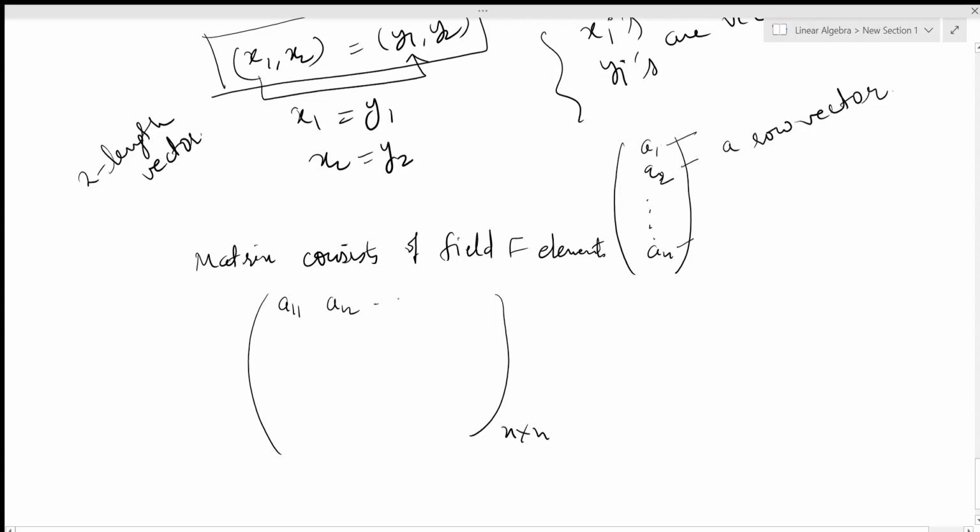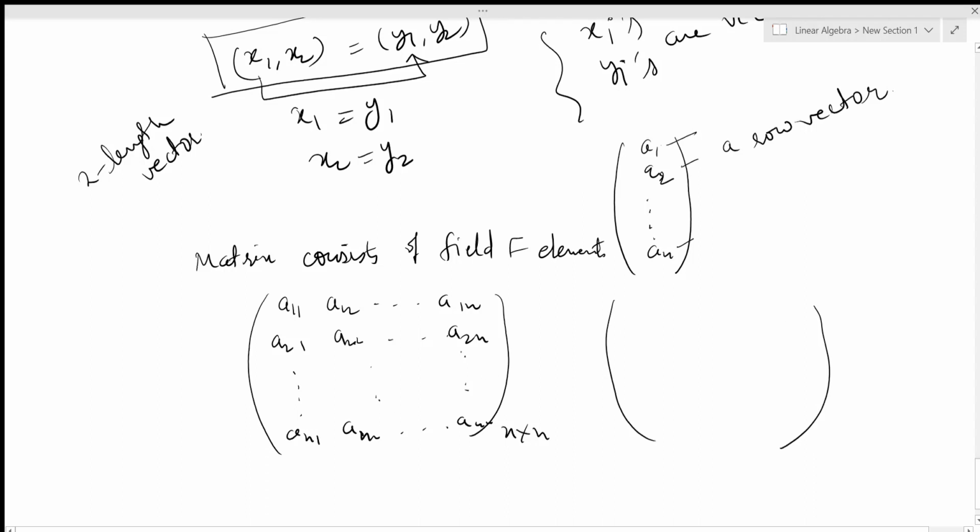The second row is A21, A22, up to A2n, and the last is An1, An2, up to Ann. This is your n cross n matrix which consists of scalar entries. Similarly, we can obtain a matrix for vectors also.